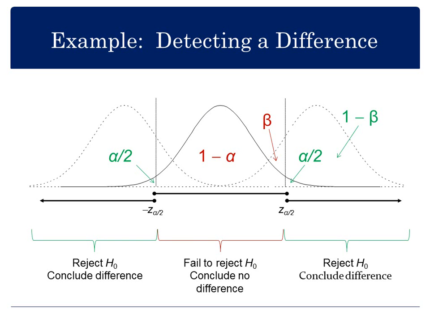Then values around 0 would be in support of similar HbA1c levels in the two groups. So that's our null. But if this x-axis is the difference in HbA1c for placebo and treatment, and I get far to the left of 0 or far to the right of 0, I'm getting evidence in my data that's more strongly in favor of my alternative hypothesis than it is of my null.